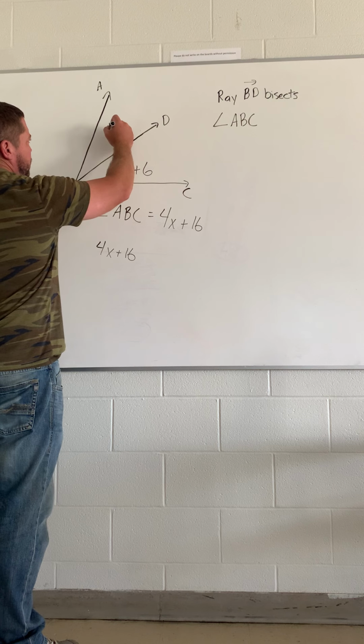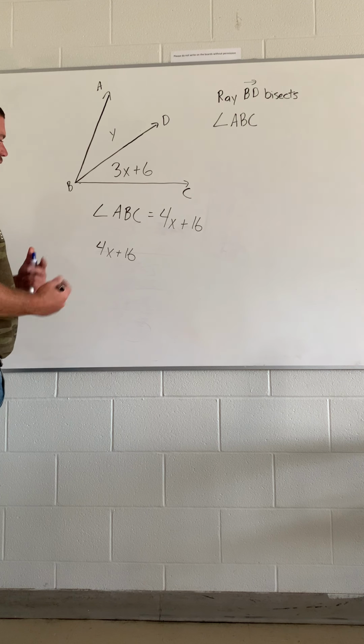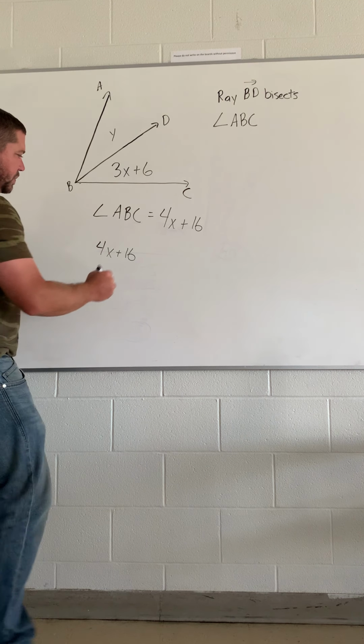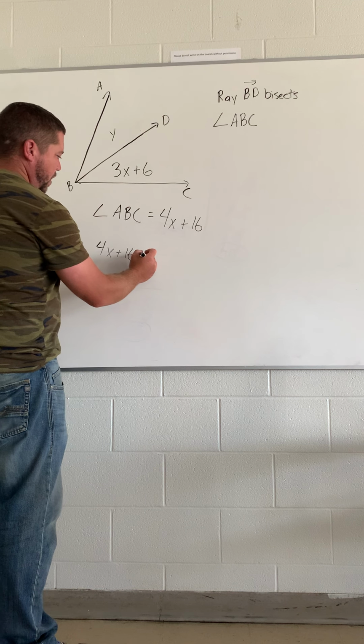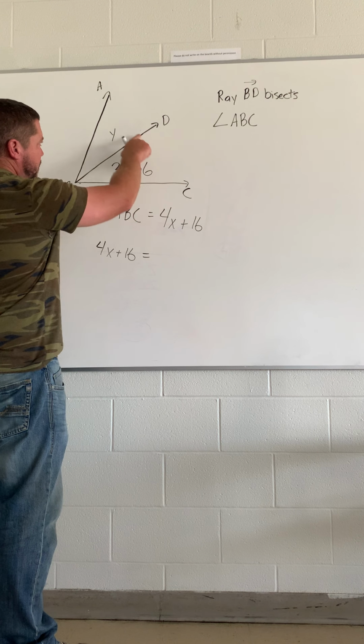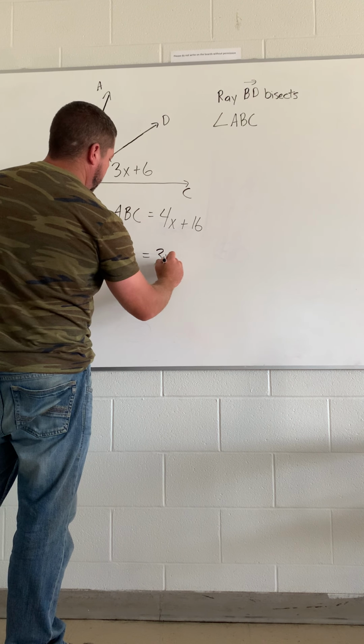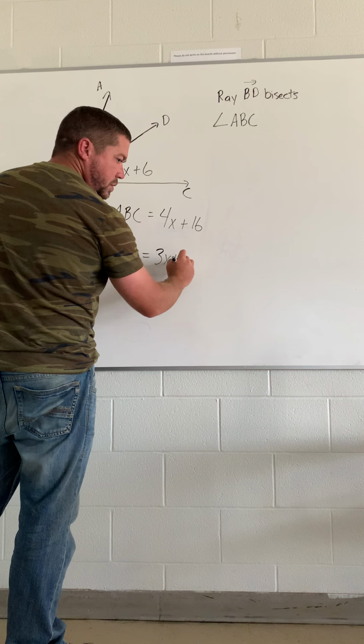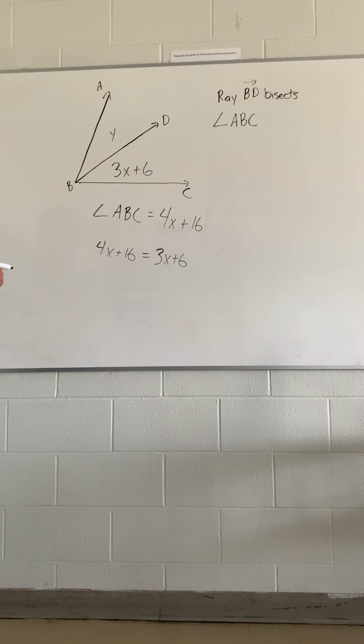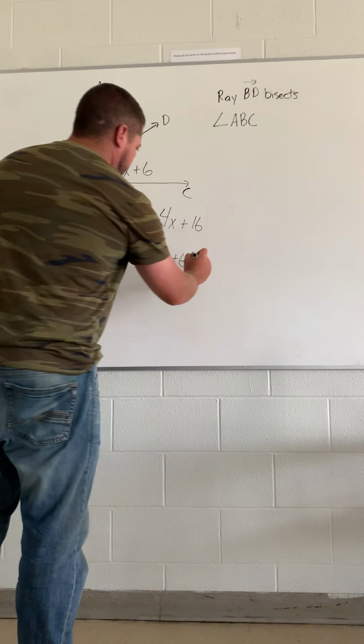Let's just call this y for now, just to give it something to call it. So if we take our total and we set it equal to this plus this, then we can find what our y needs to be.